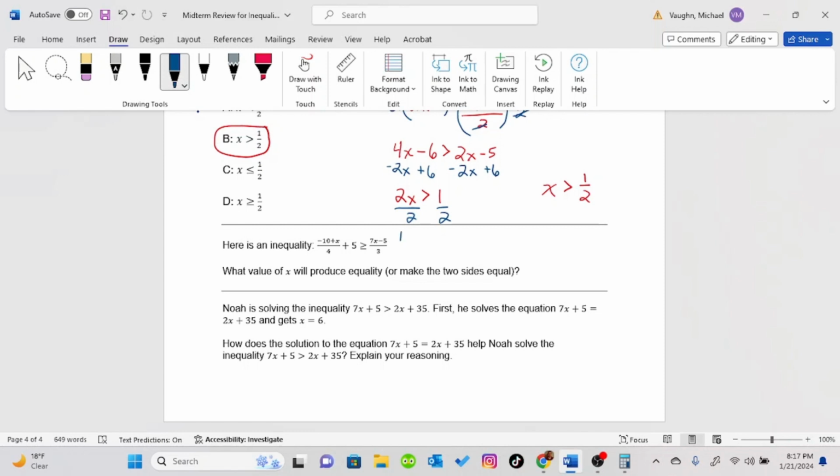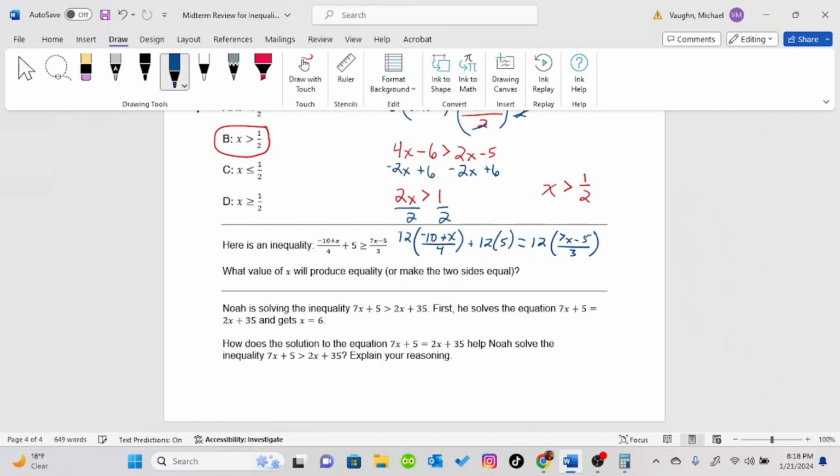So I'm going to say 12 times negative 10 plus x over 4 plus 12 times 5. And we want equality, so we're going to change this to equal. And then I'm going to say 12 times 7x minus 5 over 3.